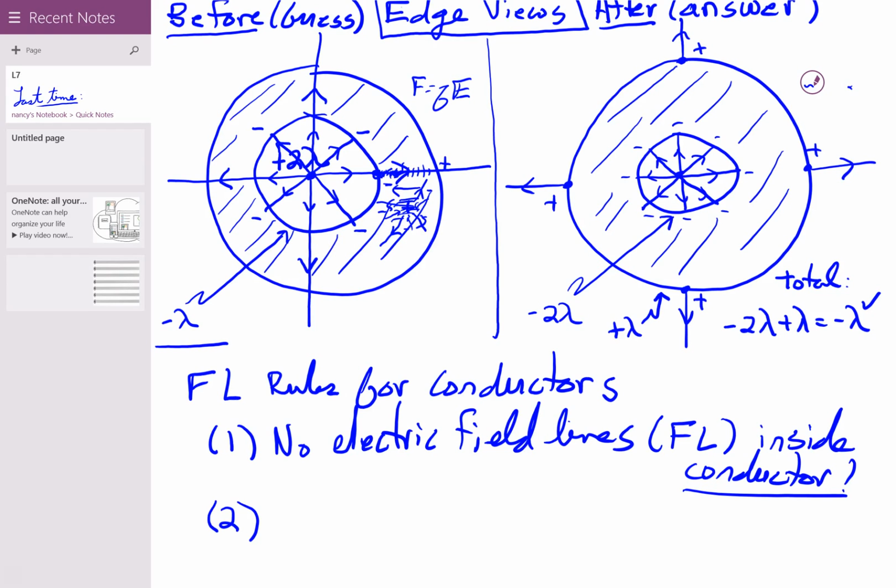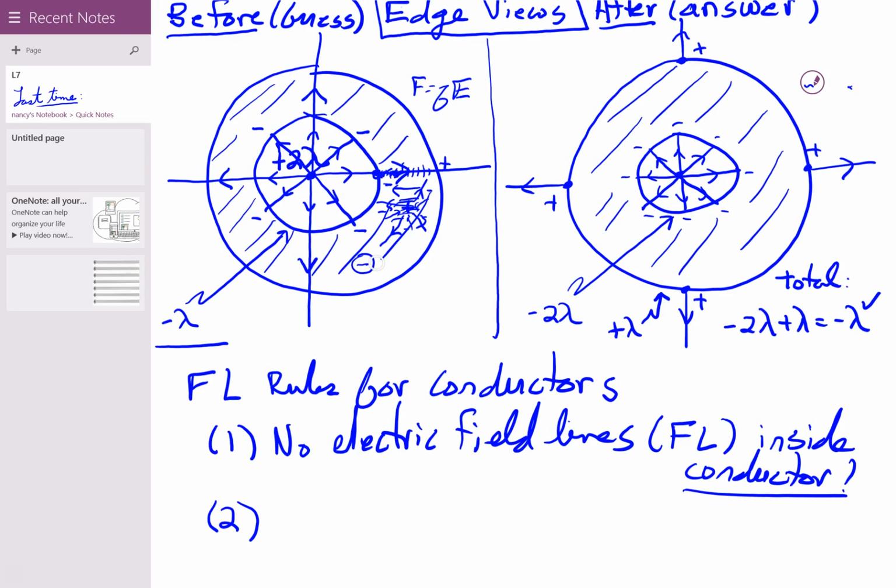The same thing works if I imagine a region where there was an uncompensated minus charge. By uncompensated, remember, in the interior of the conductor there are of course many, many atoms distributed all over the place, made out of little positive nuclei and negative bound electrons. There are always charges in here, but they're always in perfect balance.